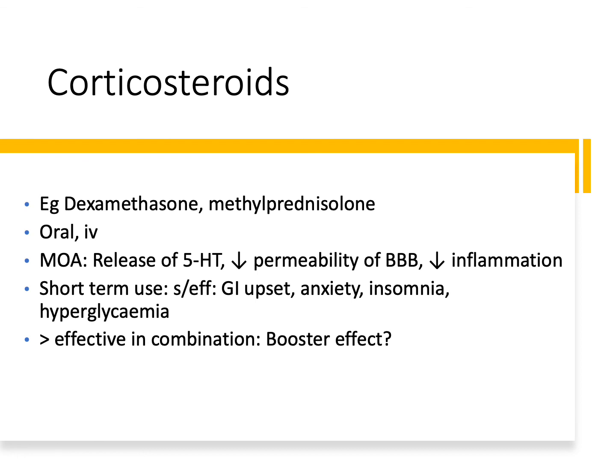For short-term use, there are some side effects as usual. But the main theory behind it is that it could have a booster effect towards other medications for nausea and vomiting. Therefore, it is not to be used as a single agent as an anti-emetic to reduce vomiting and nausea. Common examples are dexamethasone and methylprednisolone.